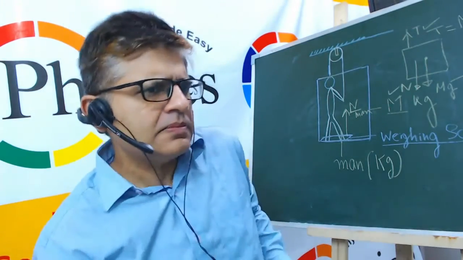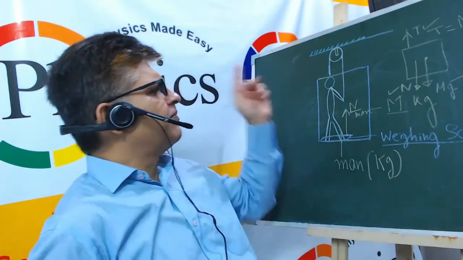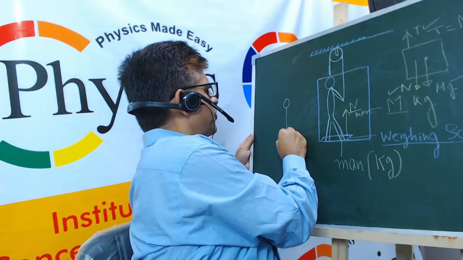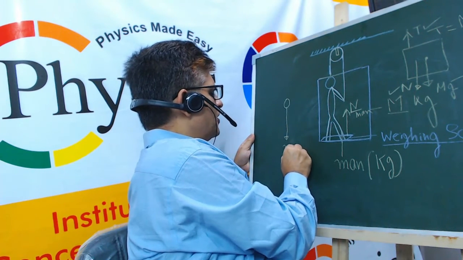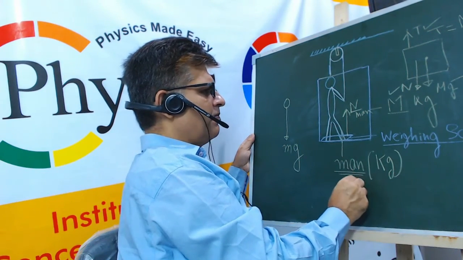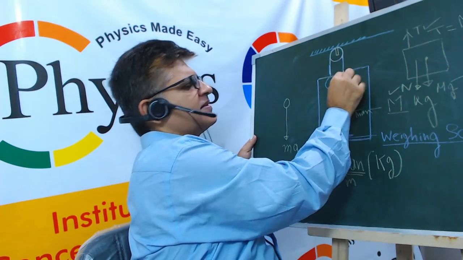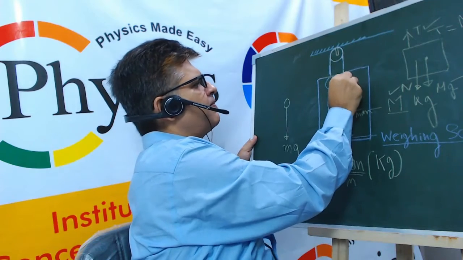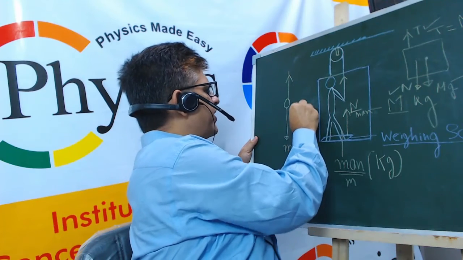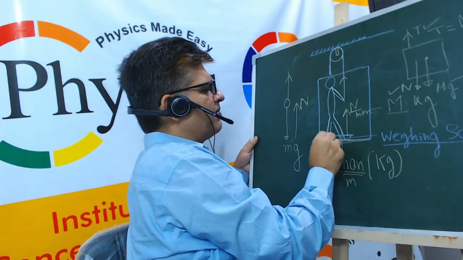Now let's look at the man himself. The man has a mass, and therefore is pulled by earth with a force of mg, where m is the small m. And this man is in touch with the string here, so he experiences an upward force. And there is a normal reaction coming from the lift, where the man is standing.